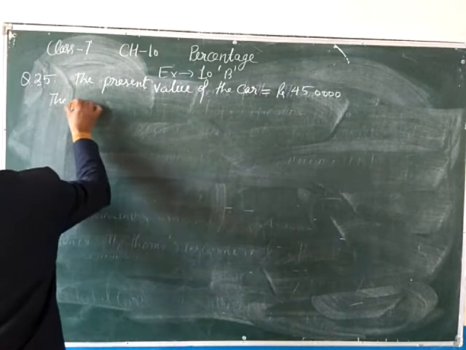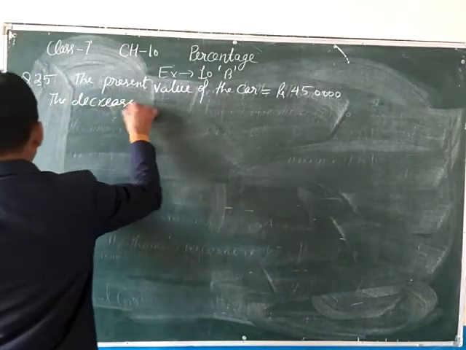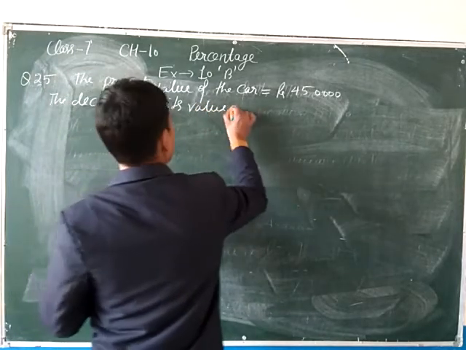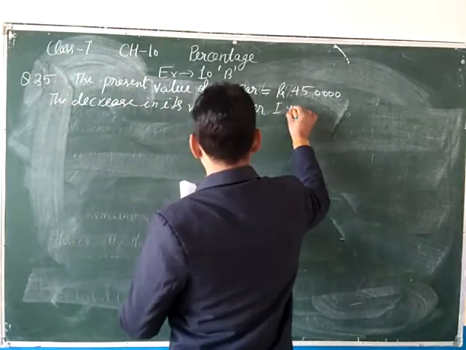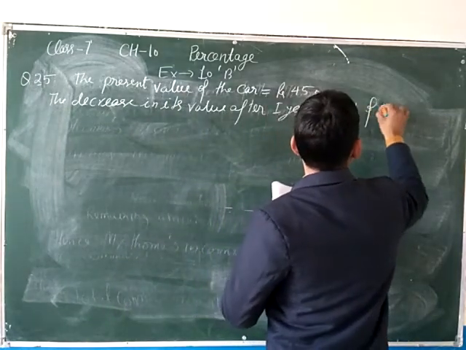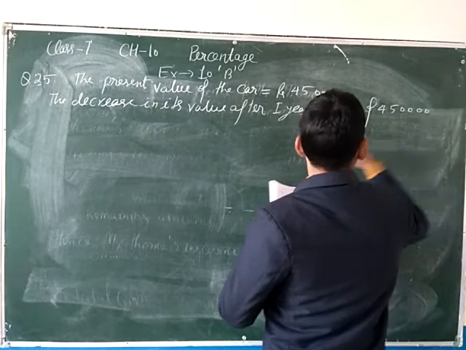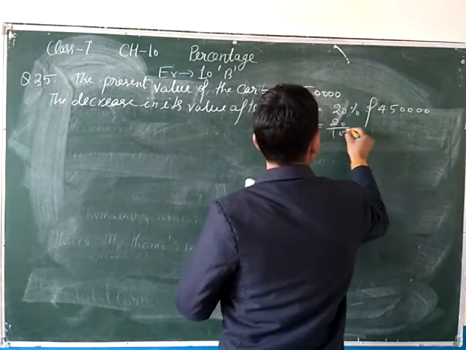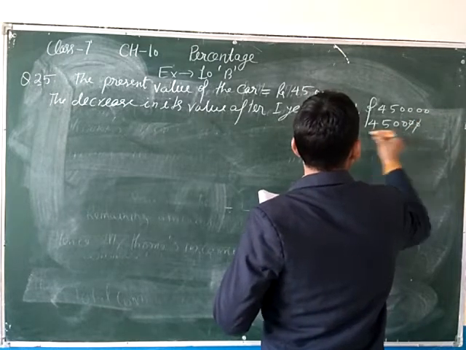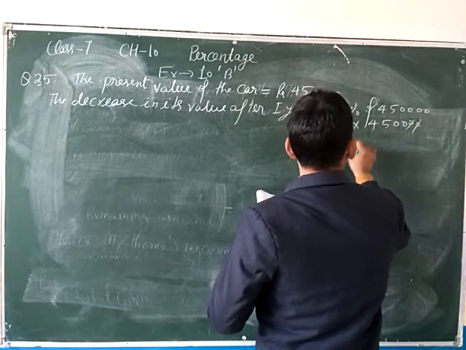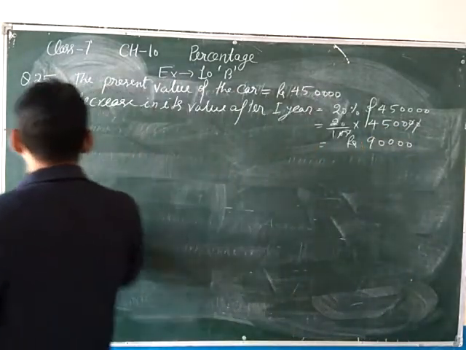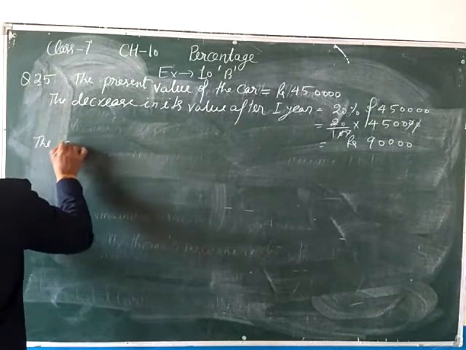So the decrease in its value after first year, how much? 20% of 4,50,000. So 20 upon 100 multiply 4,50,000. Clear बेटा? So 0 से 0 कट कर देंगे आप. Then multiply. So 45 twos are 90, 90,000.